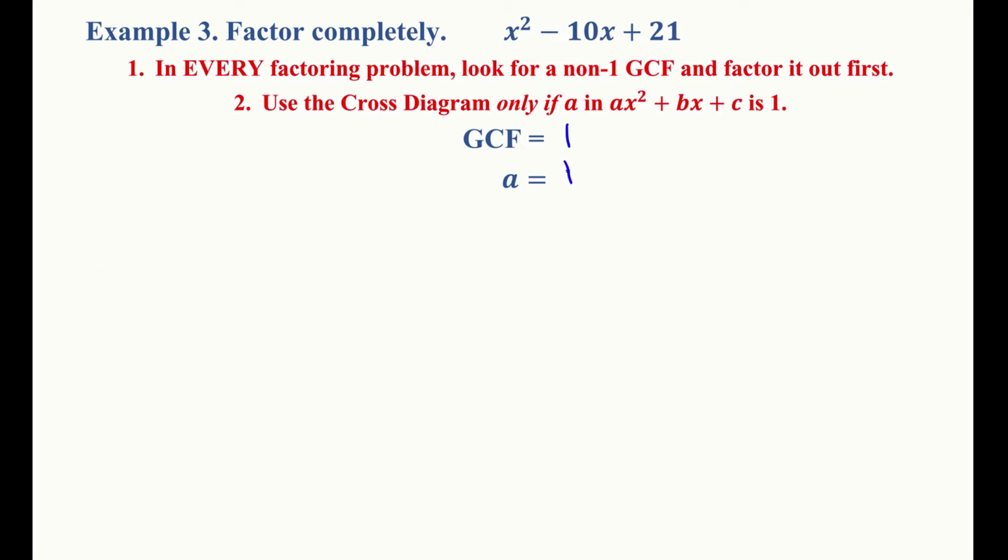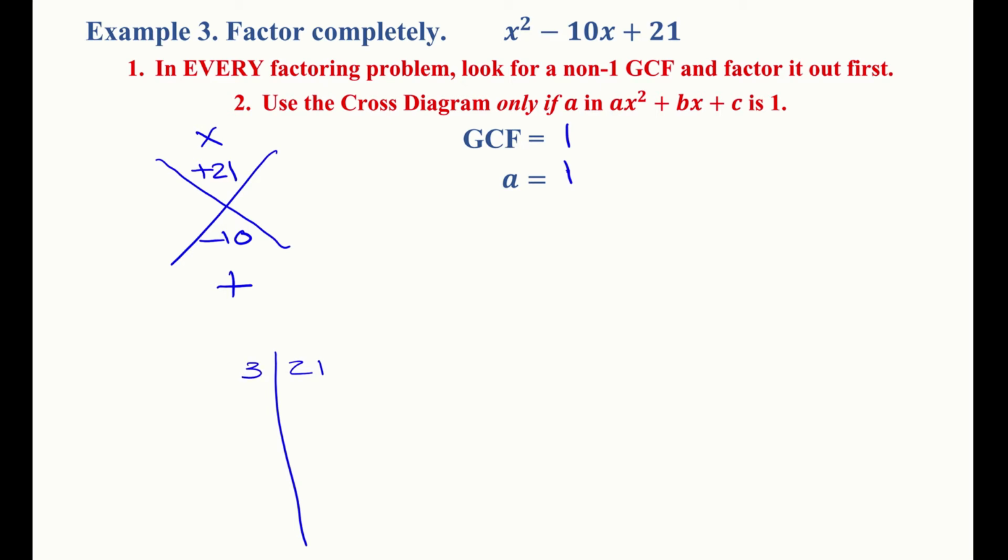All right, so we can go ahead and use the big cross to find our numbers. We want two numbers whose product is positive 21 and whose sum is the coefficient of the middle term, which is negative 10. So if we do a factorization of 21, that will help us find those numbers very easily.